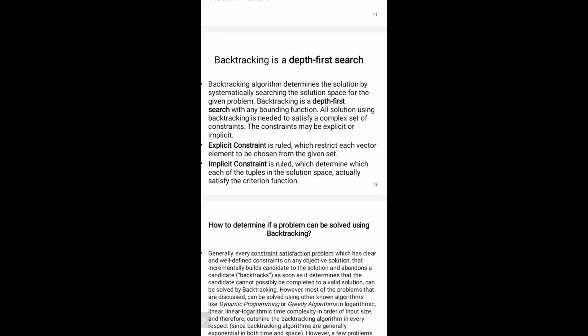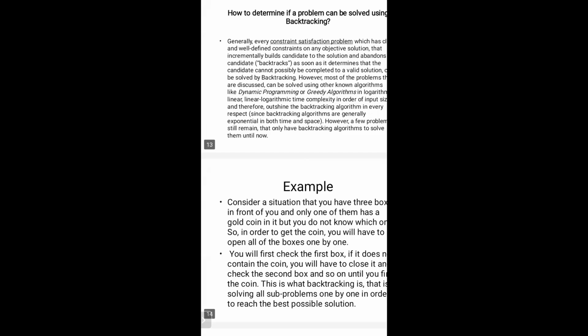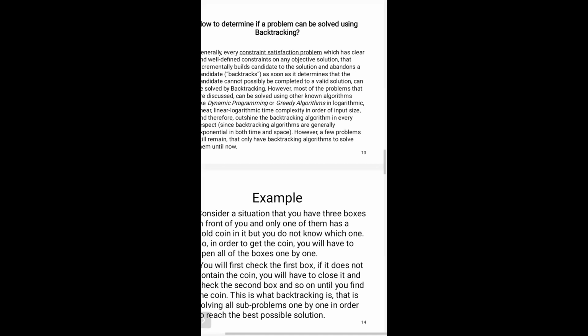So how to determine if a problem can be solved using backtracking? Can you solve the problem using backtracking?